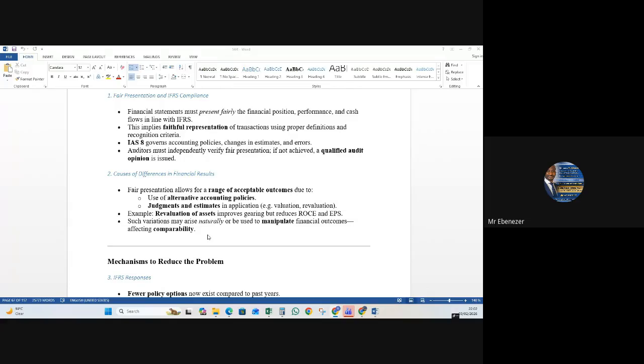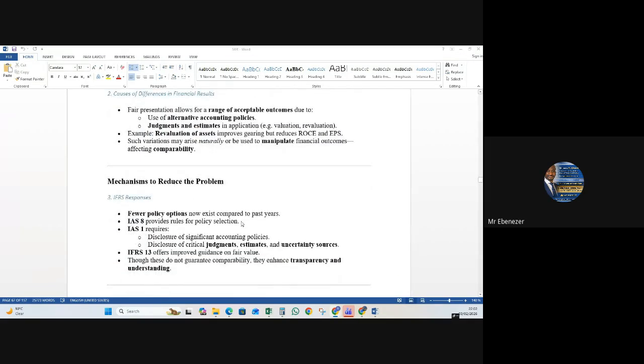Now, when we have a variation, it can arise naturally, right? And it can be used to manipulate financial outcomes, and then it affects comparability. Now, we have the mechanisms to reduce the problem of these differences.